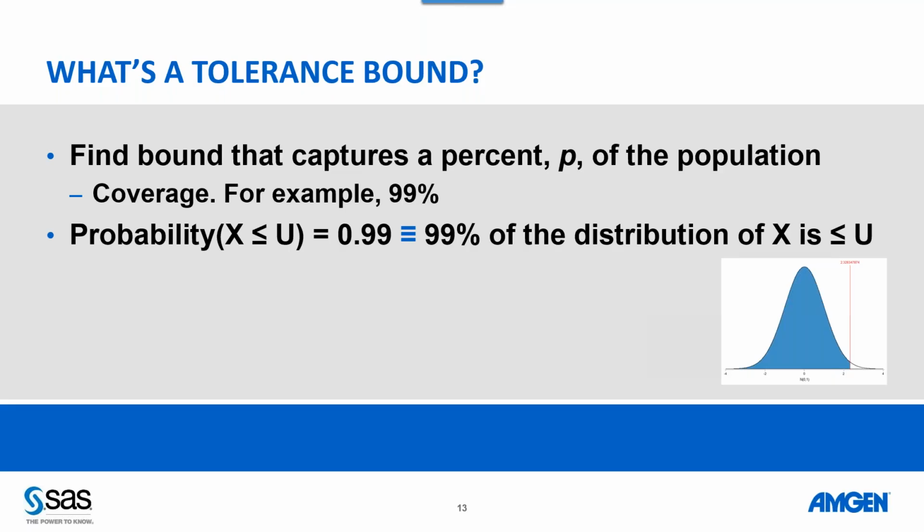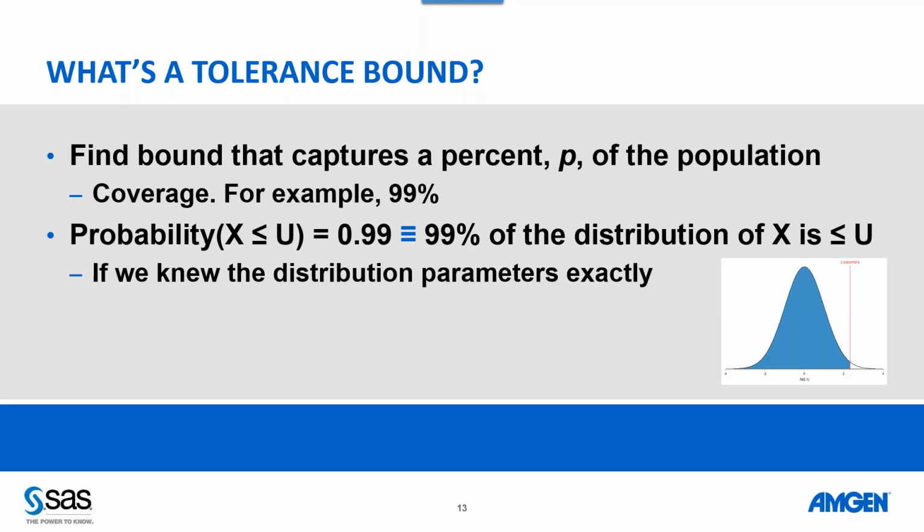Below that number, for a normal 0, 1, you have 99% of the population, or the probability of that being there is 0.99. However, that assumes that we know the mean and the standard deviation exactly, and sometimes people tend to forget that. We all teach people and we all use the quick rules of 68% between plus or minus 1 sigma, about 95% between plus or minus 2 sigma, and about 99% of pretty much all the population between plus or minus 3.